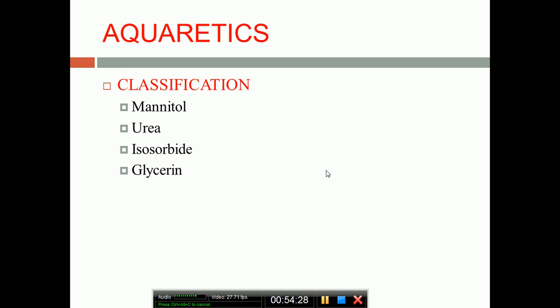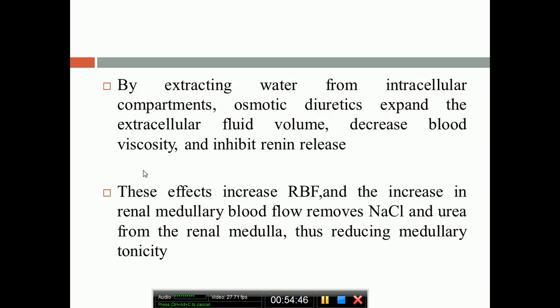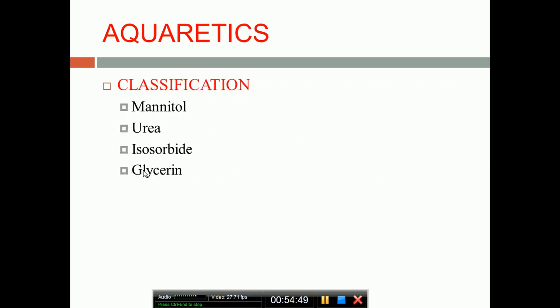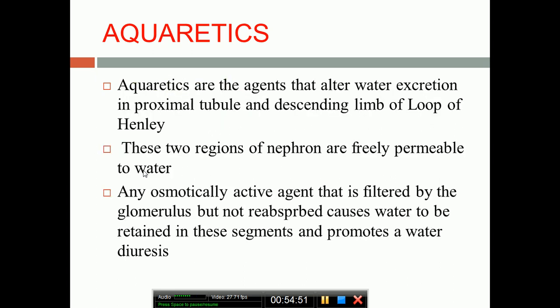Then the last class of drugs we have is the aquaretics. This is important because it includes mannitol, urea, isosorbide, and glycerin. These are high molecular weight drugs, also called aquaretics.